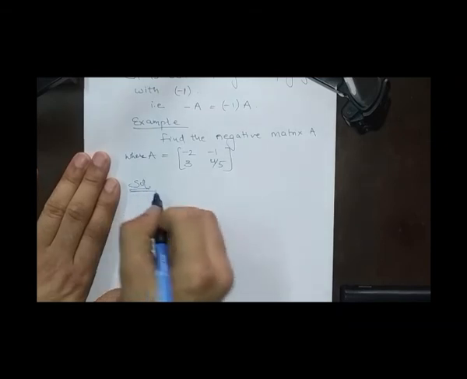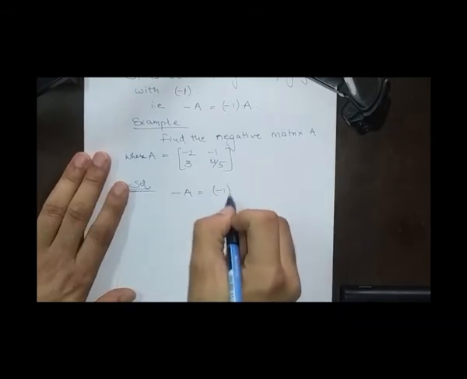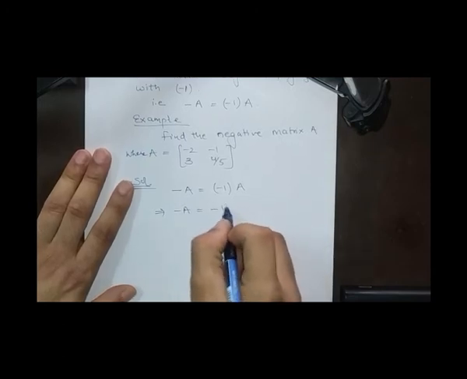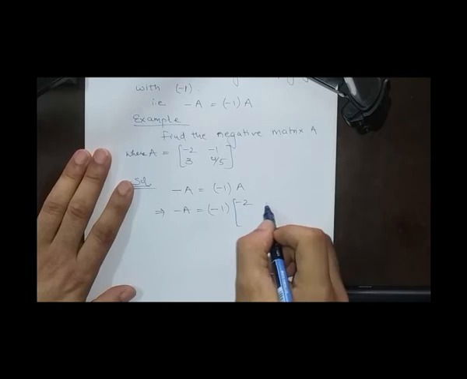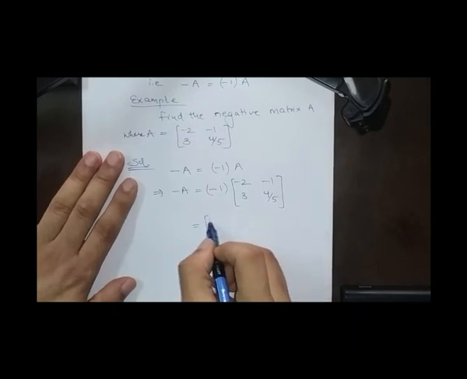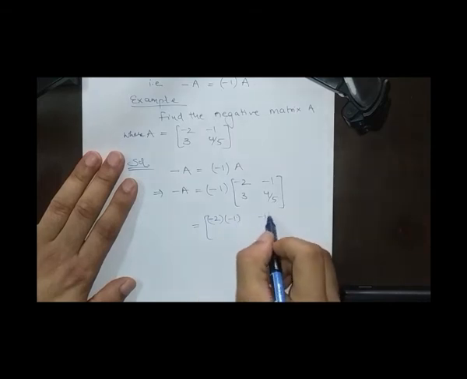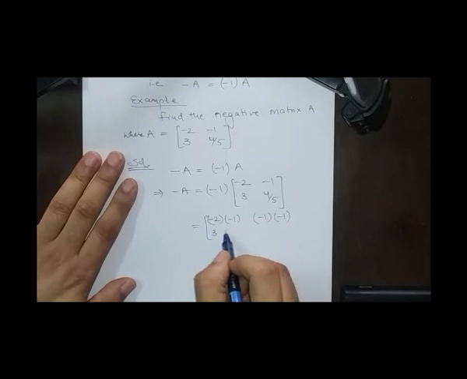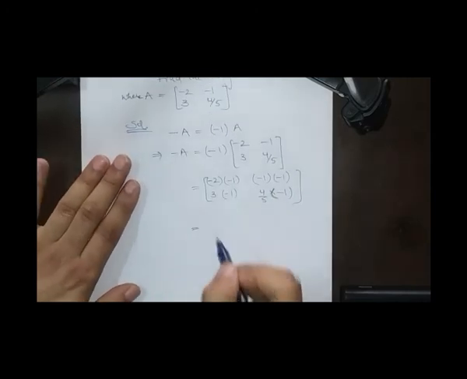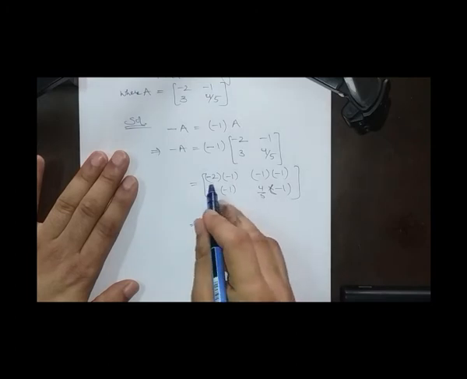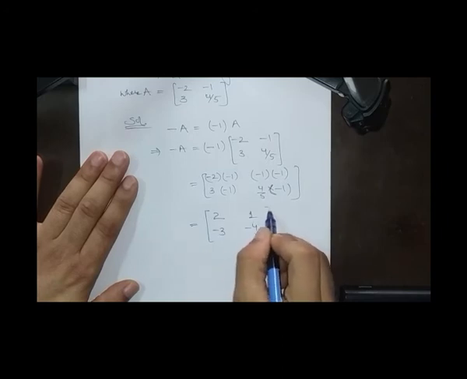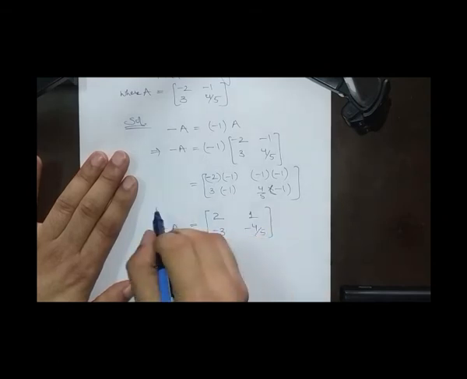So the solution is: minus A is equal to minus 1 into A. This is further equal to minus 1 into the matrix minus 2, minus 1, 3, 4 by 5, and now it becomes minus 2 into minus 1, minus 1 into minus 1, 3 into minus 1, and 4 by 5 into minus 1, and it becomes 2, 1, minus 3, minus 4 by 5. This is the required answer, the negative of A.